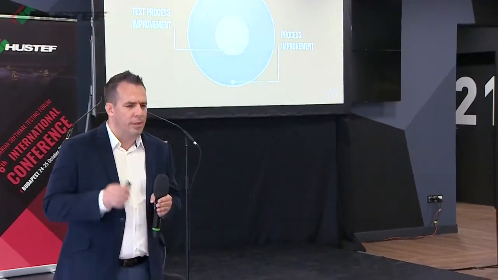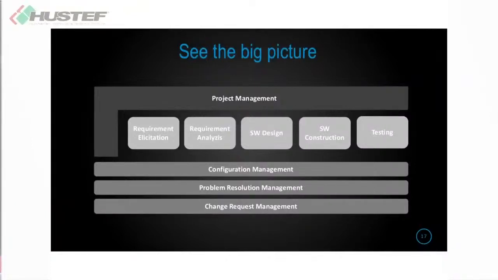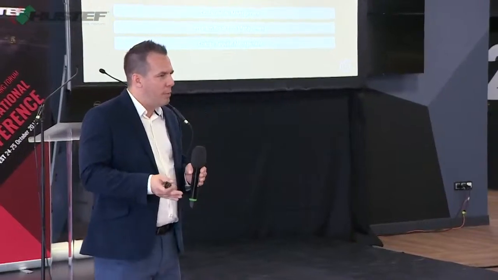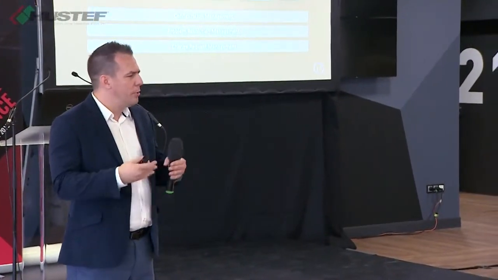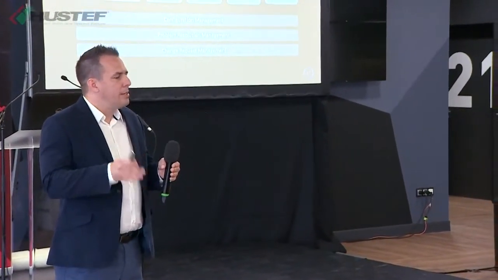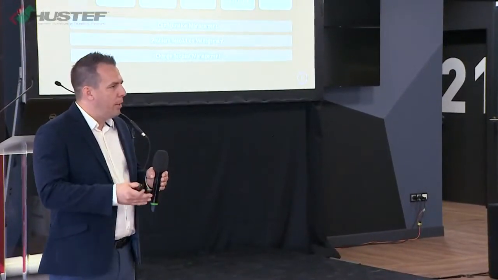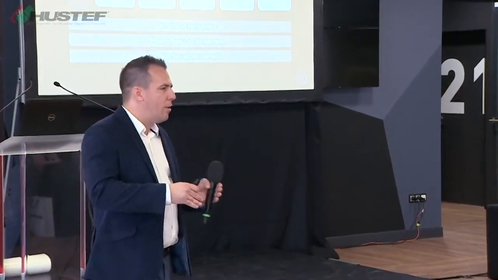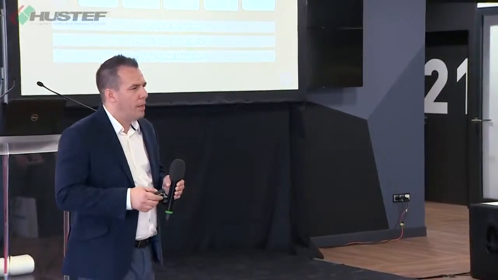I would recommend this because maybe your issue is not within software testing, so you shouldn't try to fix it in software testing and cover those symptoms. You have to figure out what the real root cause is. Of course, you may not be an expert in requirement management or project management, but it's a team effort. You should team up with people who have a different background and who know those specific areas.